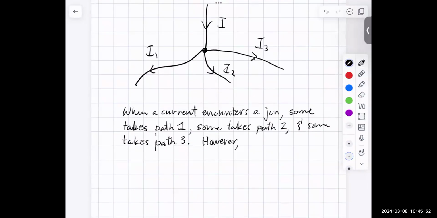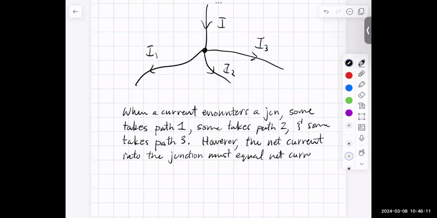However, the net current into the junction must equal the net current leaving the junction.